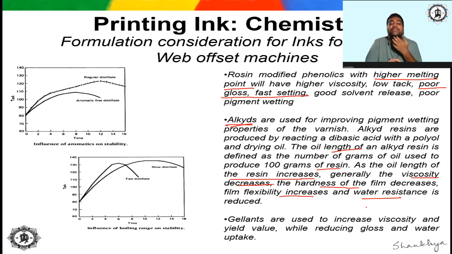So again you can see that you can use the pigment wetting properties of the alkyds. But water resistance is reduced, meaning what? The water uptake capability increases. I will talk about water uptake capability when I talk about the emulsification tests. In the image area of the plate, what is the emulsion that is formed there?